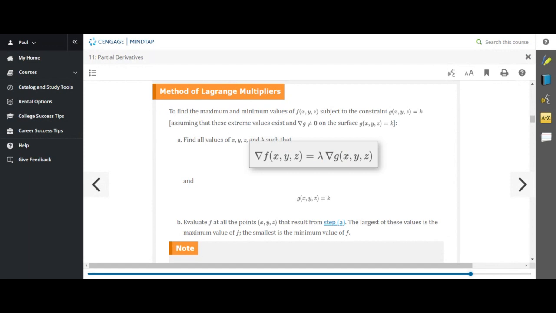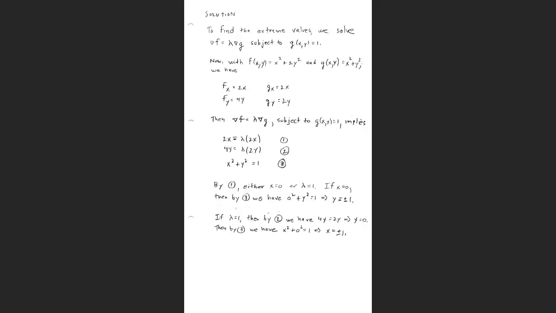Okay, so let's see here. What we want to do to find the extreme values is solve the equation, the gradient of f equals lambda times the gradient of g, subject to our constraint that g of x y equals 1.